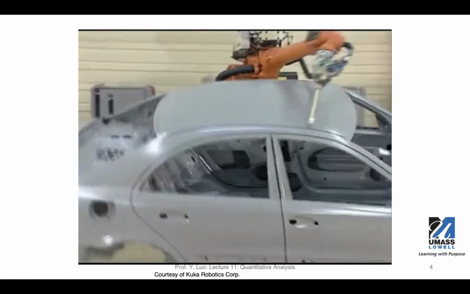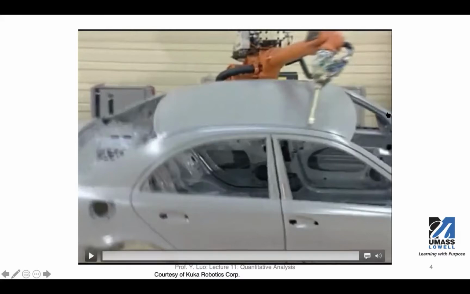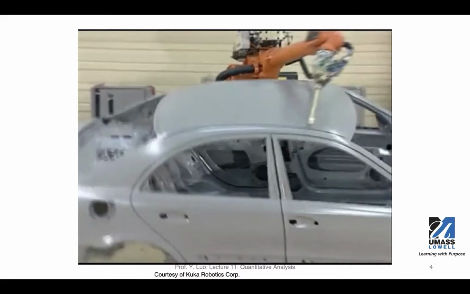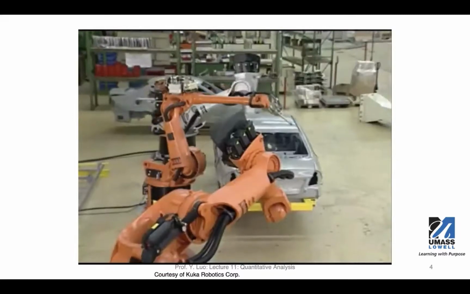So timing here is very important. If the timing is off by, let's say, several hundred milliseconds, then the parts might be damaged, or even worse, the whole production line will have to be stopped because of the timing. So the completion of individual tasks by these separate arms is important for this case.